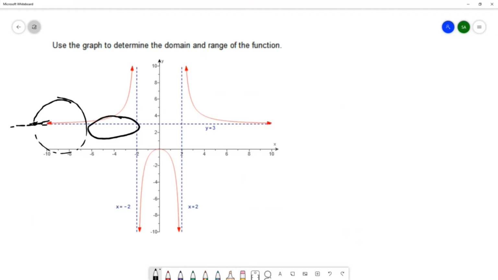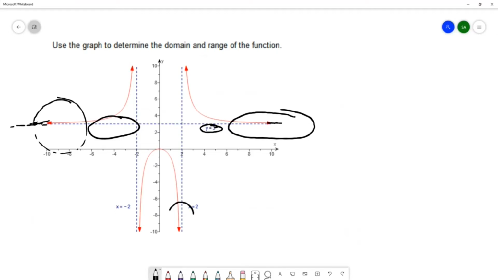The same thing is happening on this side over here. Because we have that dashed line, which is called a horizontal asymptote, the line is continuing the pattern to get closer and closer to y equals 3, but it never gets there. It just keeps getting a tiny bit closer and a tiny bit closer.